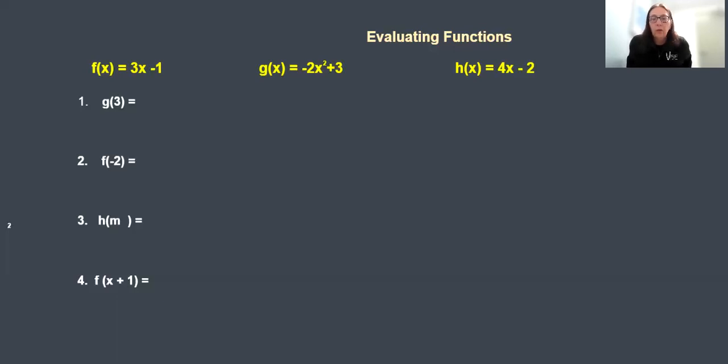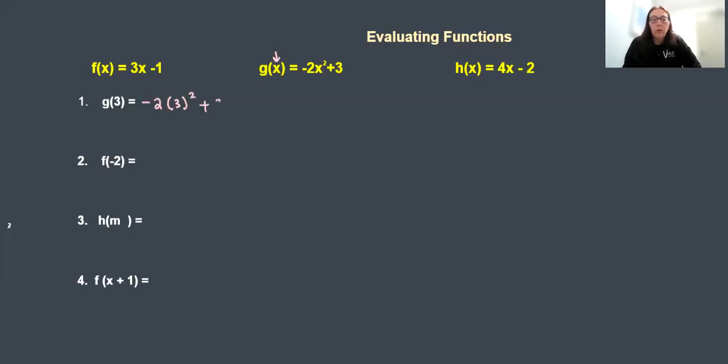So number one tells us to find g(3). The g tells me I'm looking at the function g(x). Now, when I look at the function g(x), they're telling us to change x to 3. So wherever we see an x, we're going to put a 3.